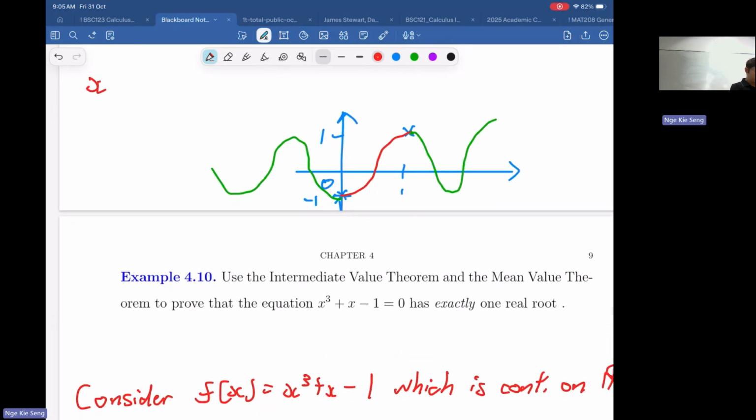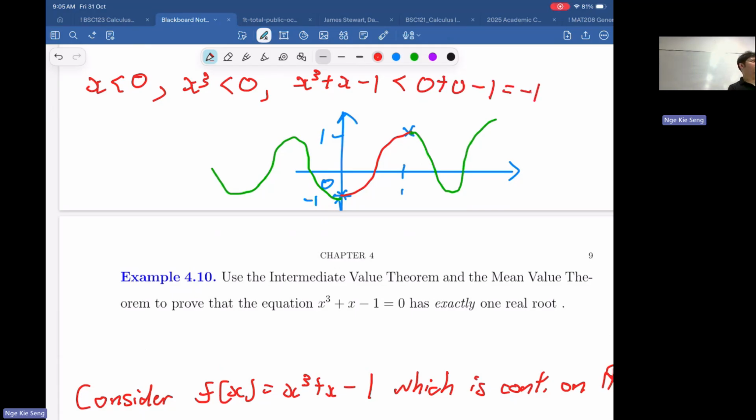So if you have x less than 0, what is x cubed? Is it still less than 0? Yeah, so still less than 0. Then what about x cubed plus x minus 1? It is less than 0 plus 0 minus 1, which is minus 1.